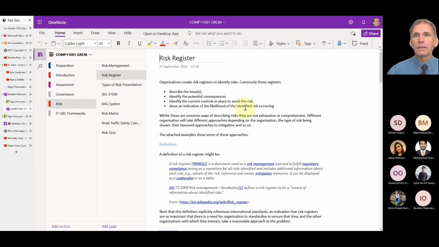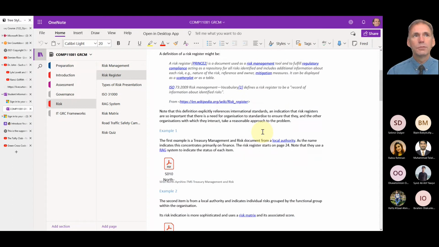So, like I said, it says what should be in a risk register, but organisations will take different approaches depending on what the organisation is, depending on what it is they're doing, depending on the type of risk that they might see. So there's a few examples there.